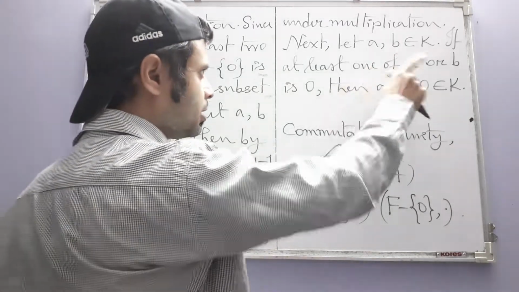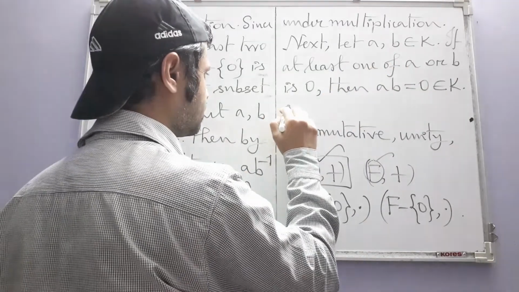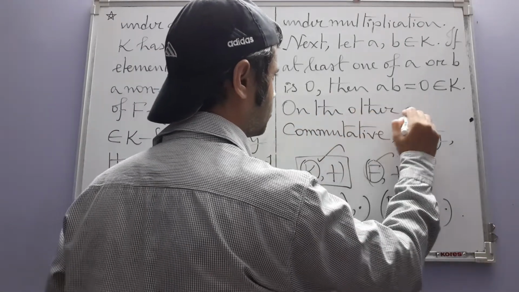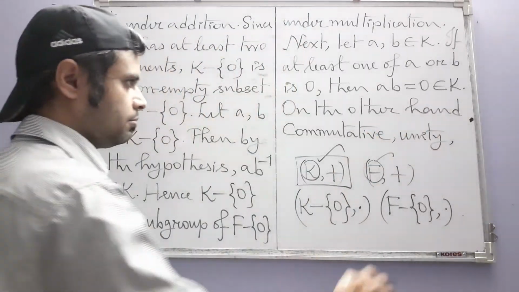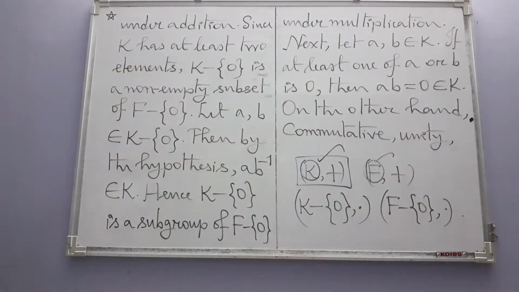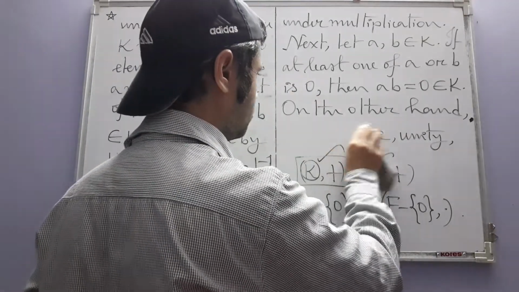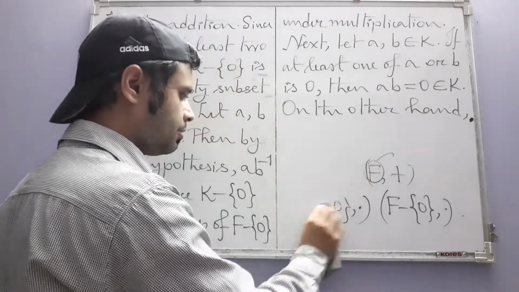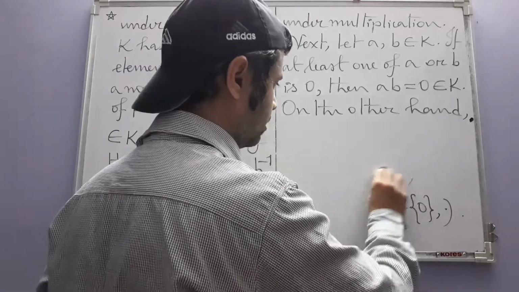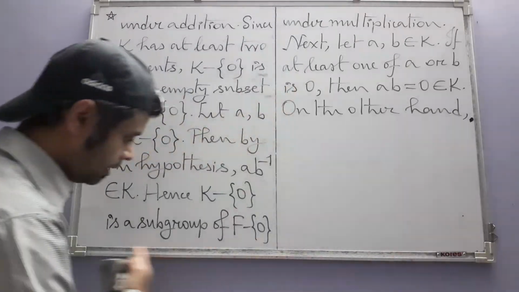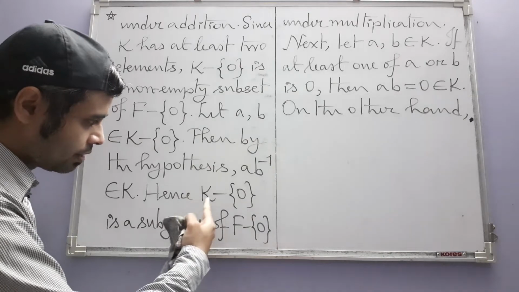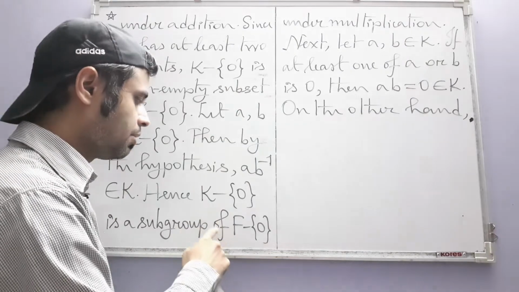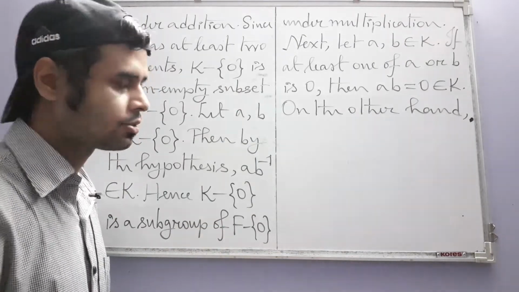However, if both A and B are non-zero, on the other hand, then also their product belongs to K, and this fact is coming from here. We are concluding that this is a subgroup of this under multiplication, so this will be closed under multiplication also.